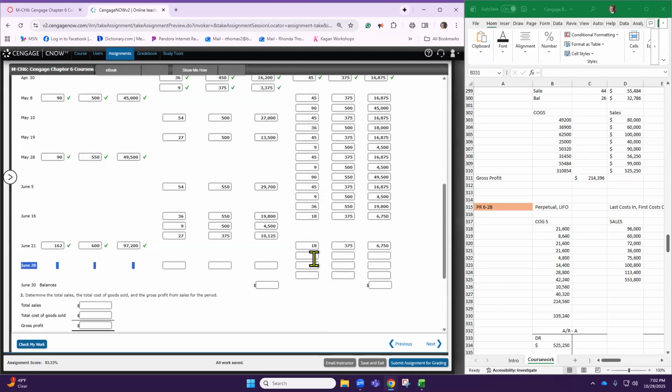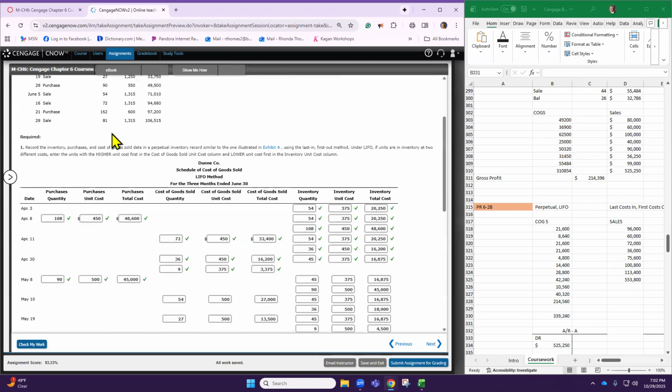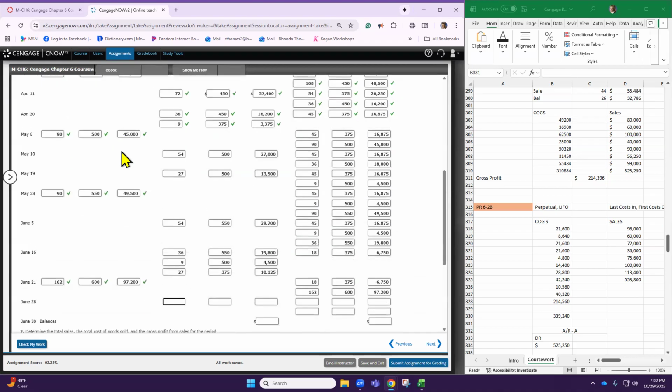The next purchase is 162 items at a $600 cost, 97,200. On June 28th, we're selling 81. Yep. That's all going to come out of that newest layer. Last in, first out. Okay, so 81 times 600 is 48,600.